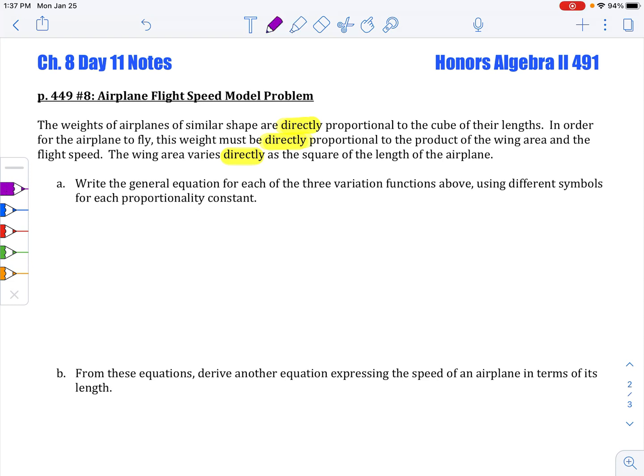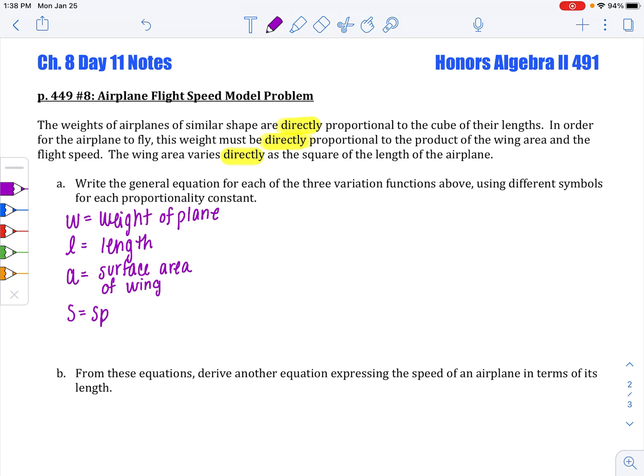So let's first start off, as always, with our variables. I'm going to have W be the weight of the plane. I'm going to have my fancy L be the length of the plane. I'm going to have A be our surface area of the wing.